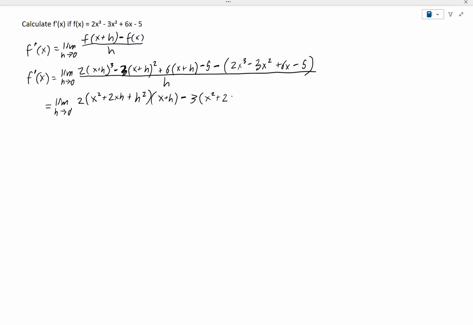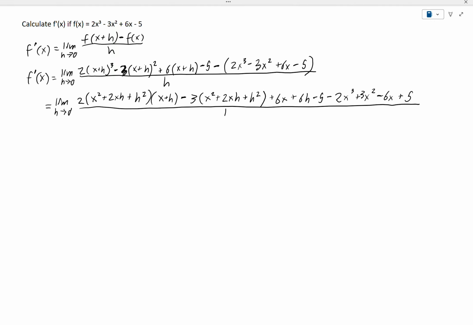So that's x squared plus 2xh plus h squared. And I'll distribute the 6, plus 6x plus 6h minus 5. And I'm going to distribute this negative sign through the last polynomial here. So that's going to become minus 2x to the third plus 3x squared minus 6x plus 5. That's all over h.